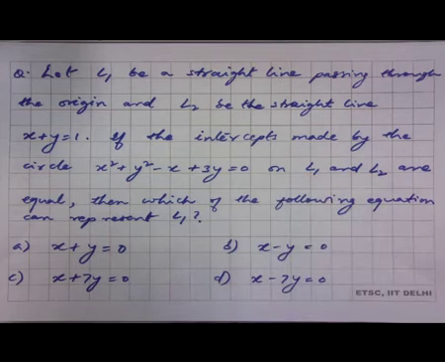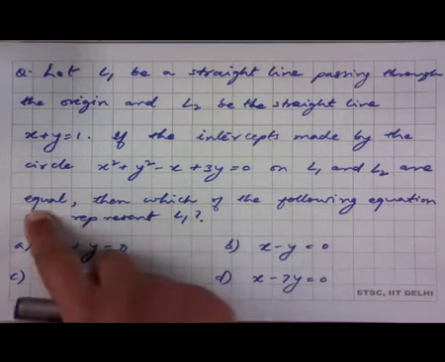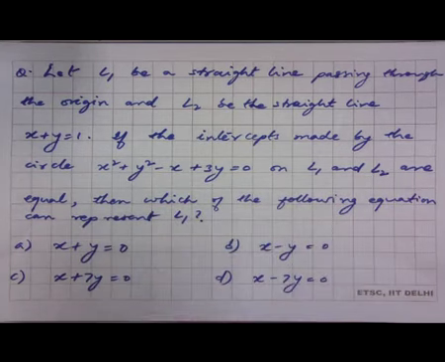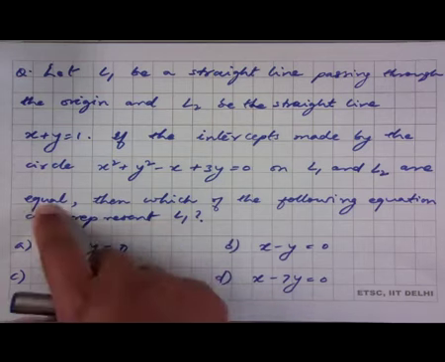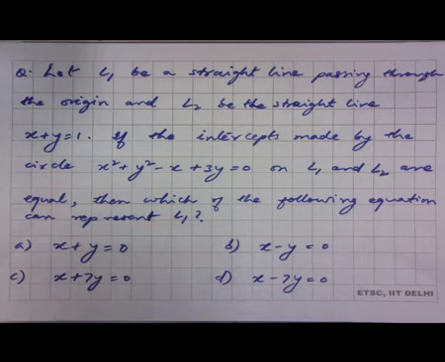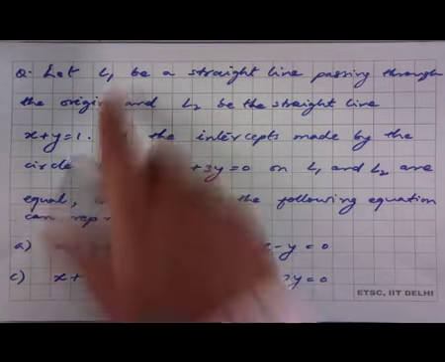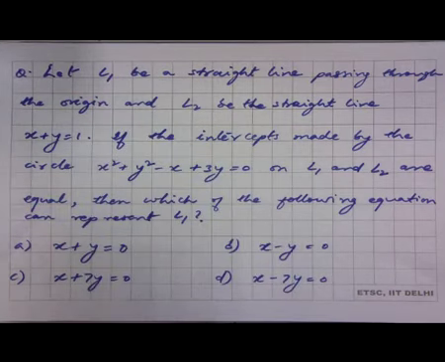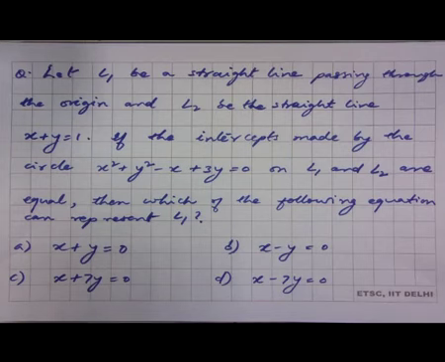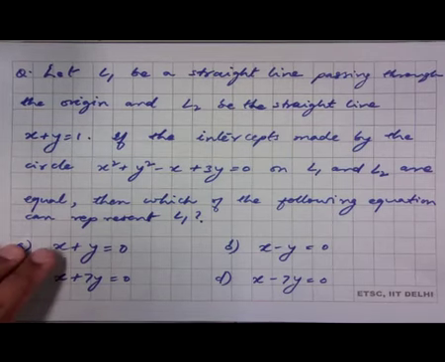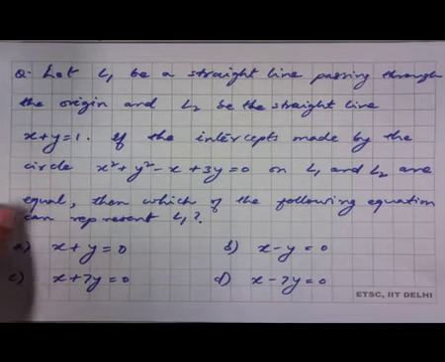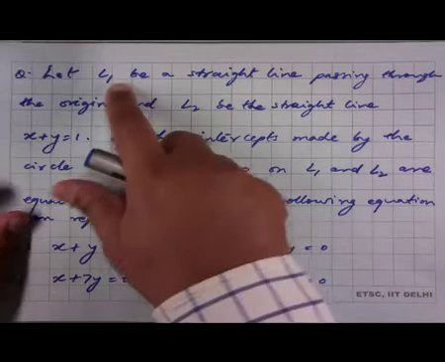It is of the same length. So, the lengths of the intercepts are equal. Then it is asked, because the equation of the first line L1 is not given, as to which of these 4 equations could possibly be the equation of L1.